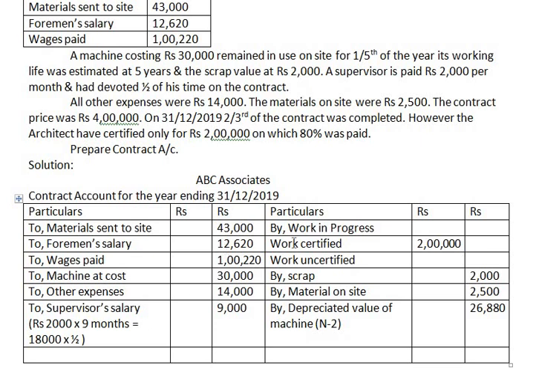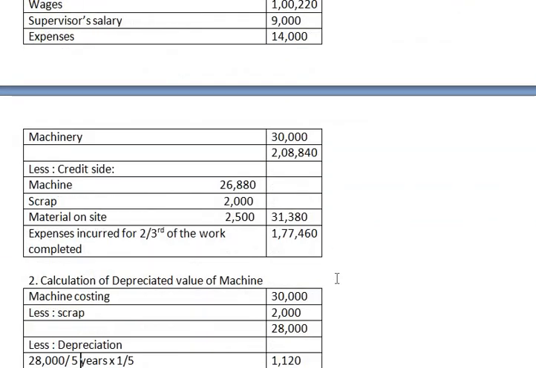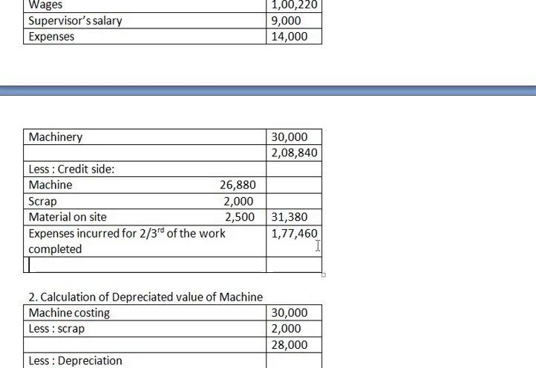Because they have already mentioned here that on 31st December 2019, 2/3 of the contract was completed, and to complete that 2/3 of the work, this much expense was incurred. Now next we are calculating work uncertified.